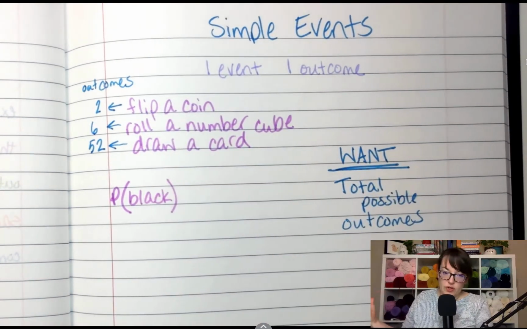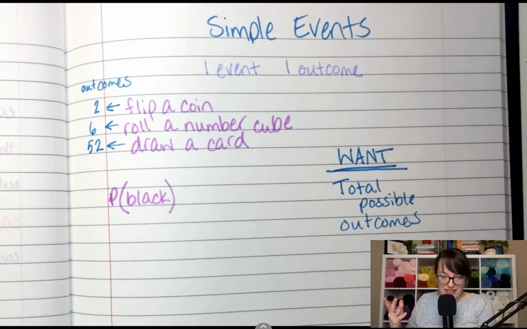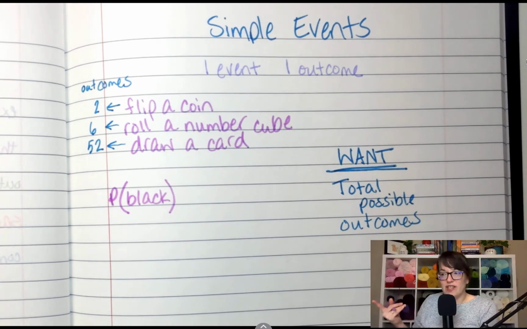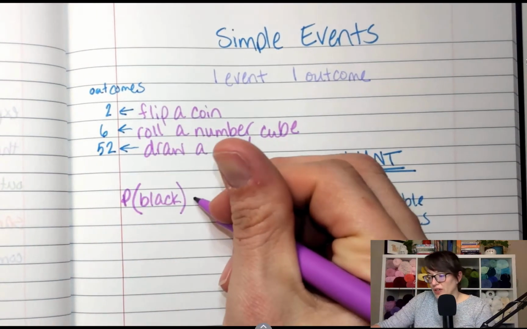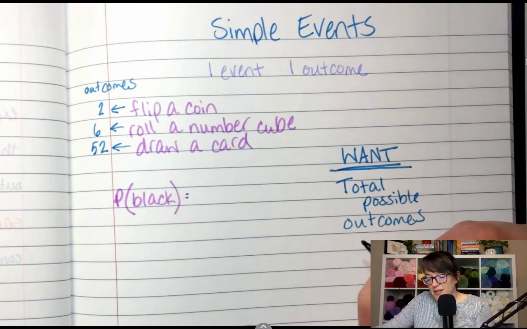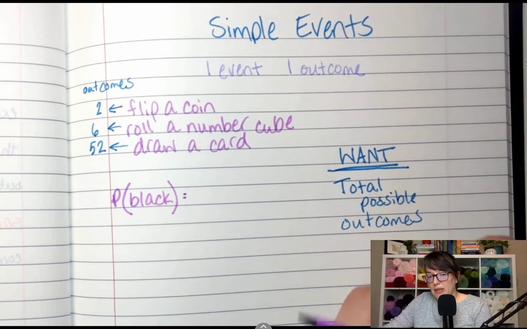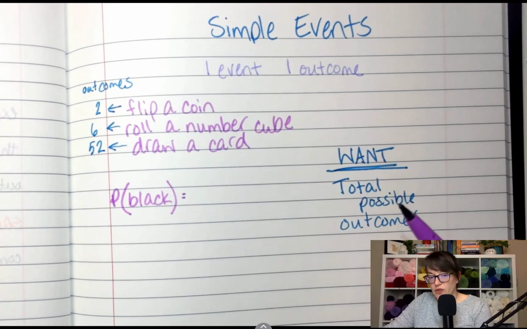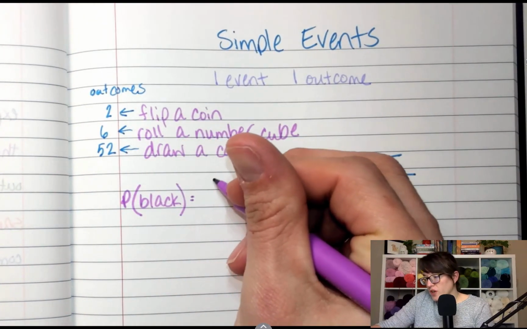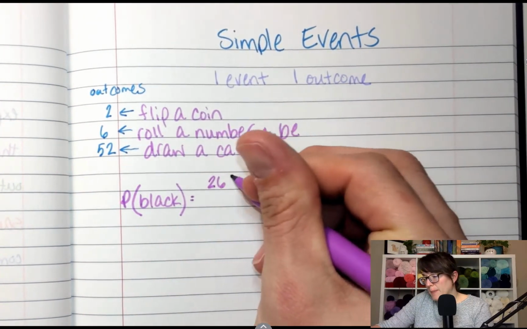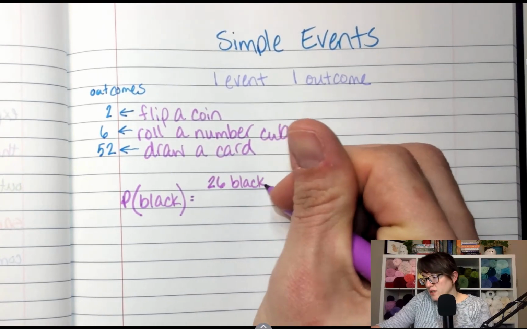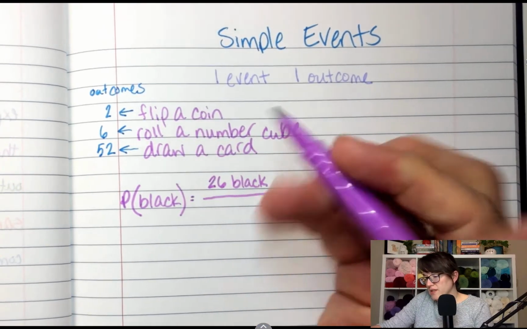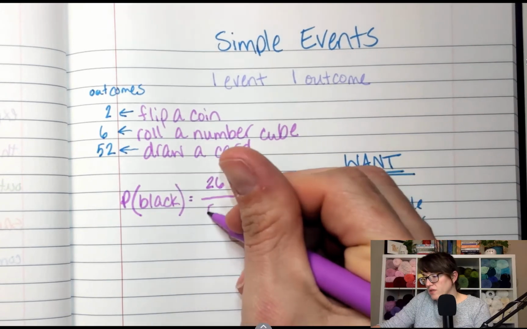Now, again, if you don't know much about cards, half of the deck is black, half of the deck is red. Total wise, how many black cards are there if there's 52 total cards? There's 26. So there are 26 black cards out of how many total cards? 52.